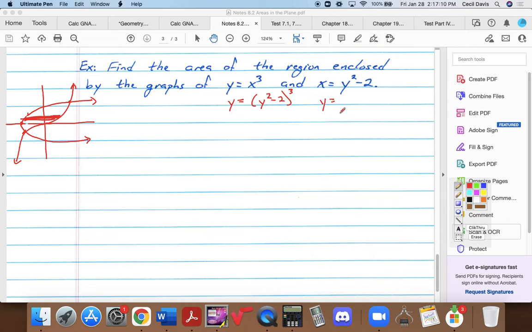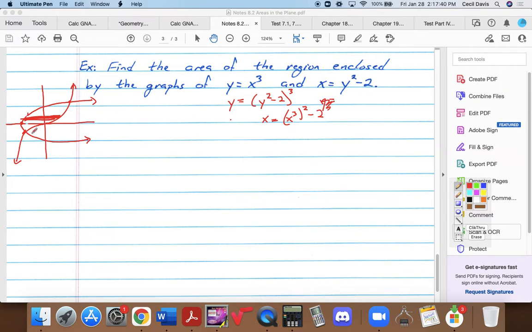Do you want to do that? No, me either. So let's go the other way. So if I put this in for x, x equals x cubed squared minus 2. Also gross, right? Either way, it's pretty nasty.